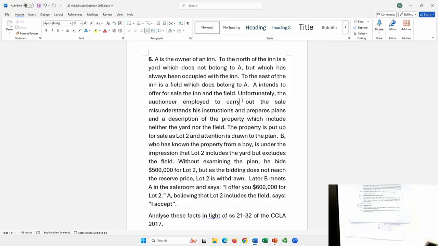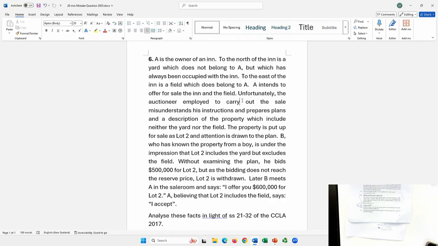And the court can fashion any relief it sees fit. Now, a good answer would recognise that B is not going to get what he thought he was getting. The court cannot order the contract to be amended to give B the yard, because, of course, the yard is not there to sell. It's not the owner of the inn's to sell.